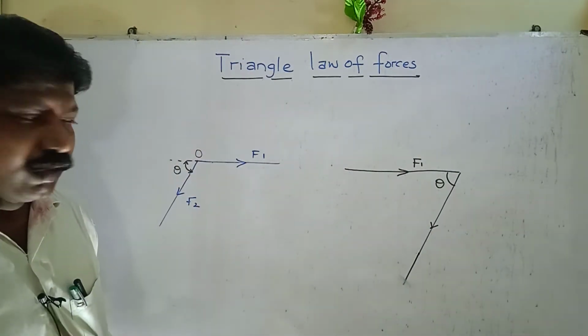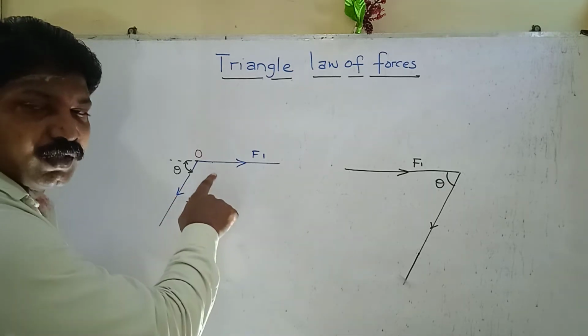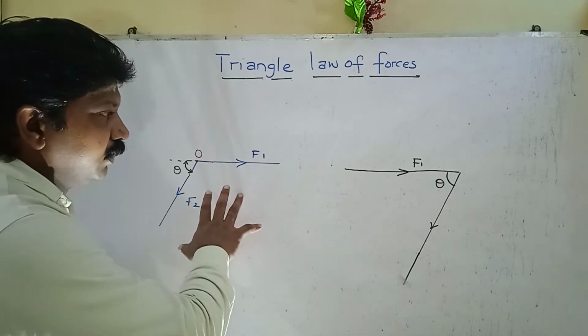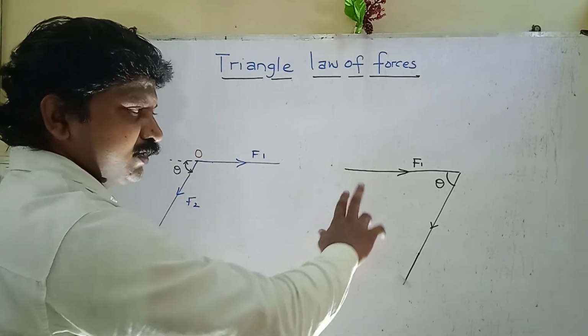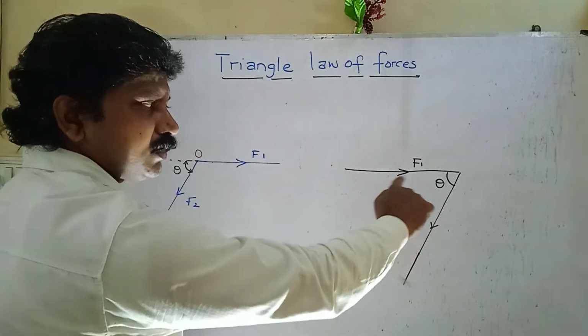The two forces F1 and F2 acting on a point or particle or body are represented by two adjacent sides of the triangle taken in order, in the same direction.